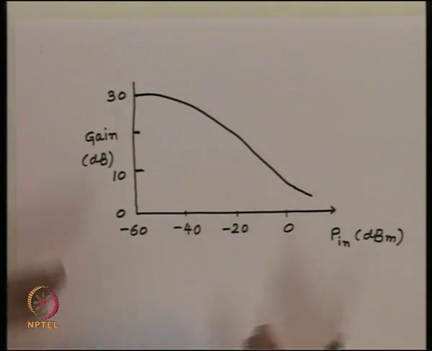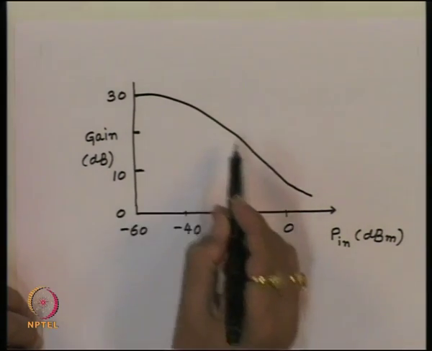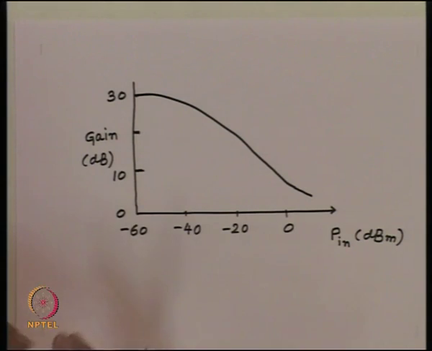That means there will be no amplification of the signal. So the power supplied by the pump is not adequate, because as the signal grows inside the optical amplifier, it demands more and more population inversion.